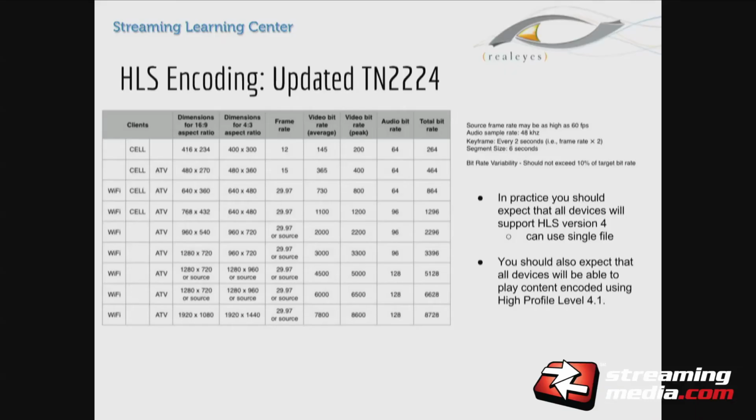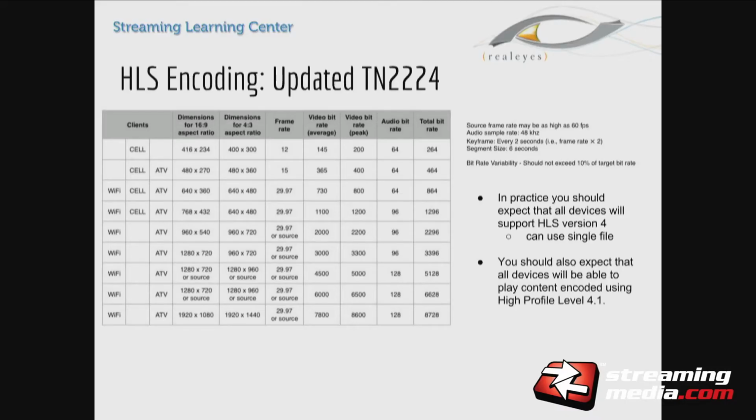So what does Apple recommend you do? This was actually kind of interesting because Apple changed this in August, and I wasn't aware of it until I was getting prepared for this show. What Apple tells you with the updated TN2224 is that you can assume every iOS device you're sending video to is compatible with HLS4, which means you can use one file with byte range requests as compared to individual .ts files.